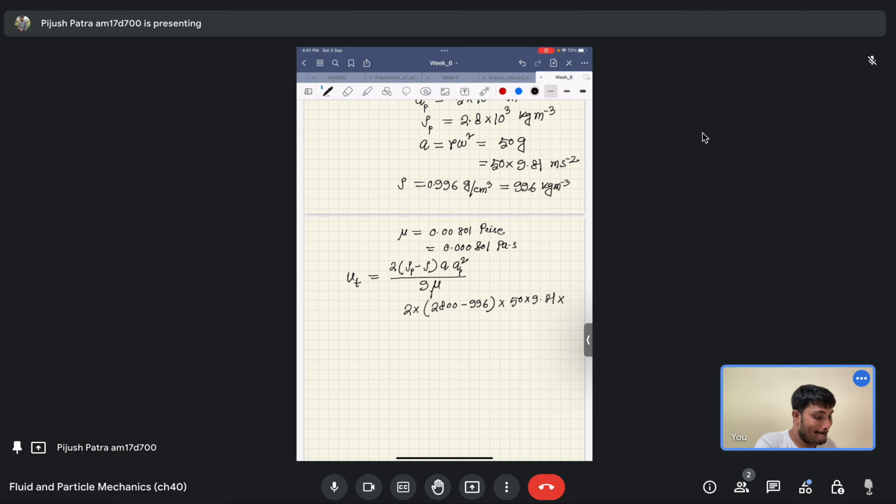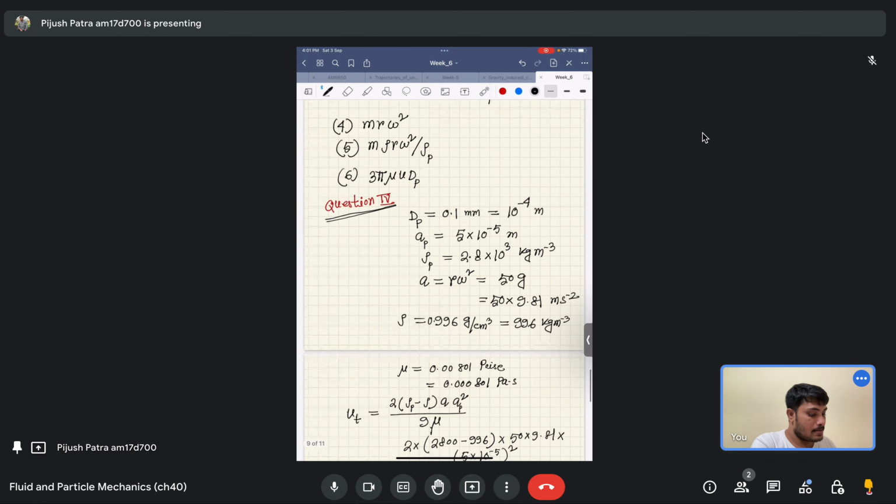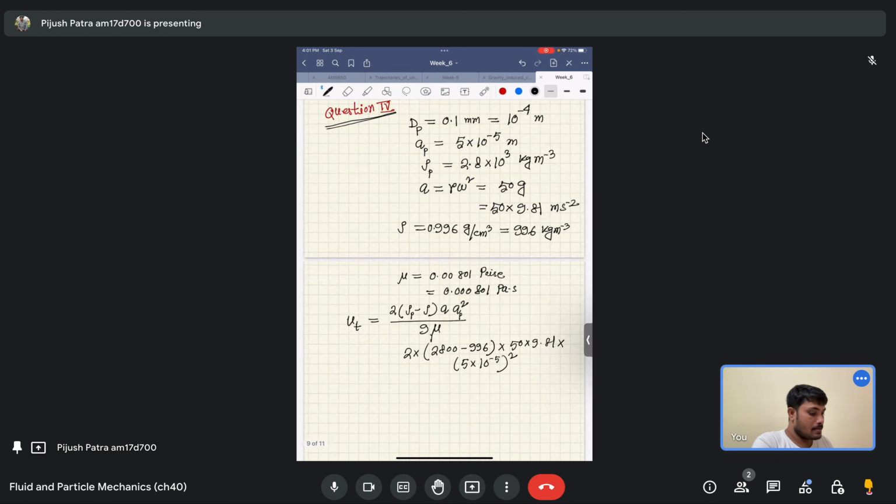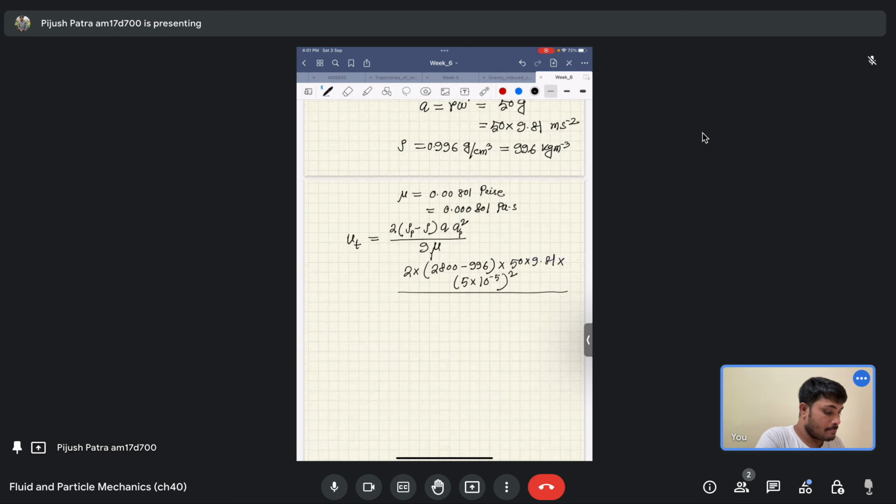Into ap square, which is 5 into 10 raised to minus 5 square, divided by 9 mu. How much is this?